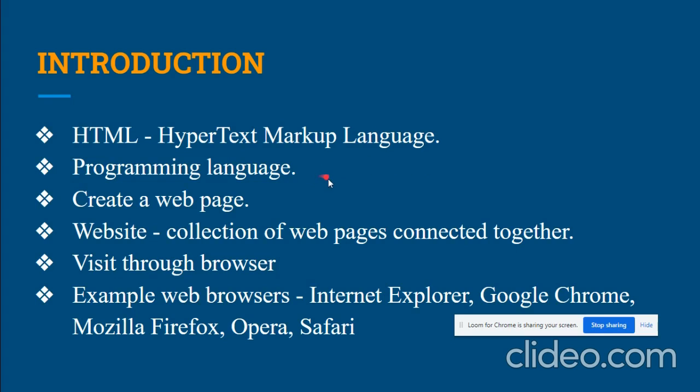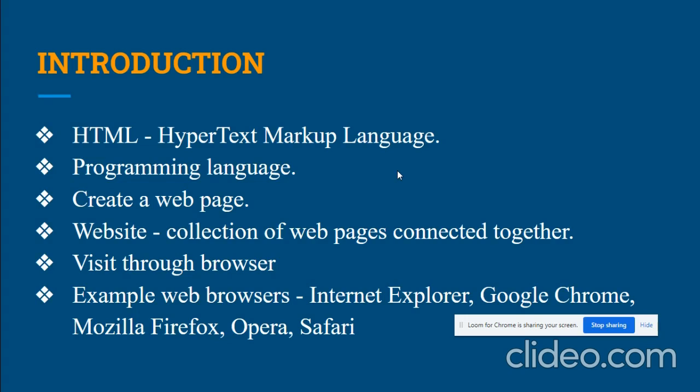There are lots of browsers available, but the most common of all is Google Chrome. That is the top number one search engine browser. Then there is Internet Explorer. In your schools, 90% of the schools have Internet Explorer in their computer system.